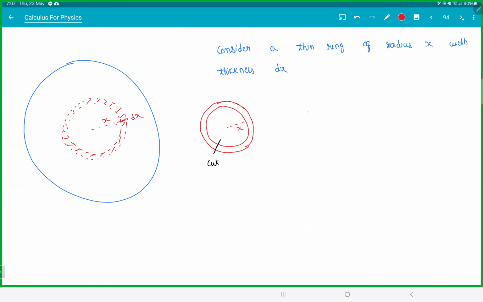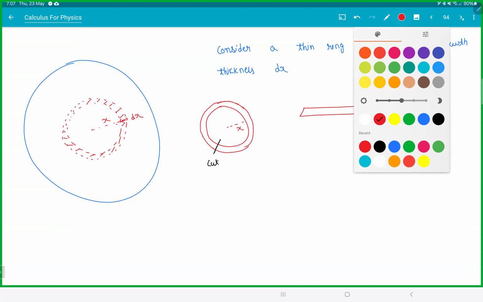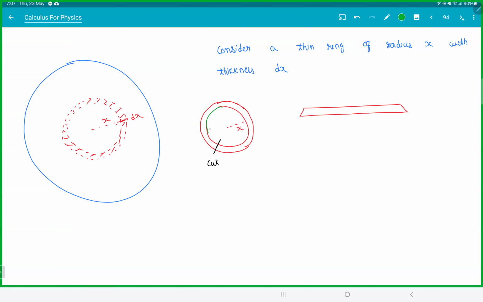If I take a thin ring, cut it and open it, I'll get a small rectangle like this, isn't it? For this rectangle, if you look at the inside circumference, this length would be 2 pi x. Does everyone agree with this? And this thickness is dx. That means this width would be dx.